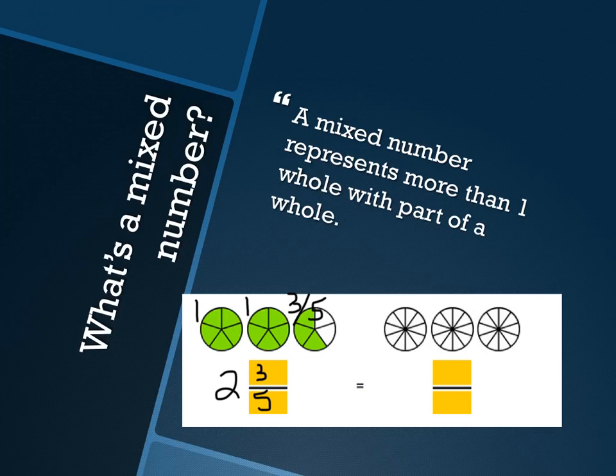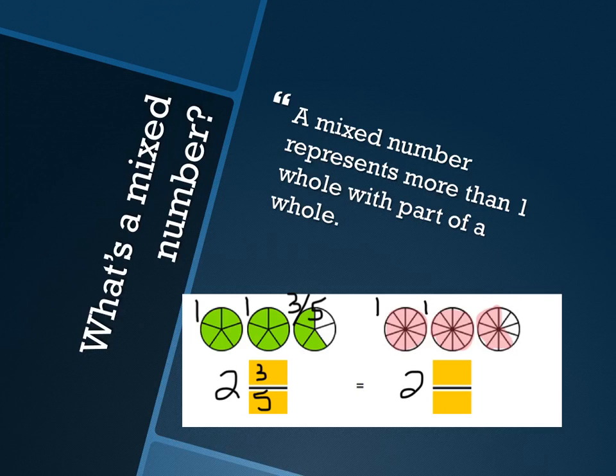If I wanted to shade that same amount on this other model, I would still have to shade in 2 whole models, and then an equivalent fraction for 3/5. With my shading, I still have 2 wholes. But in this case, my pieces are no longer in fifths, they've been changed to tenths.